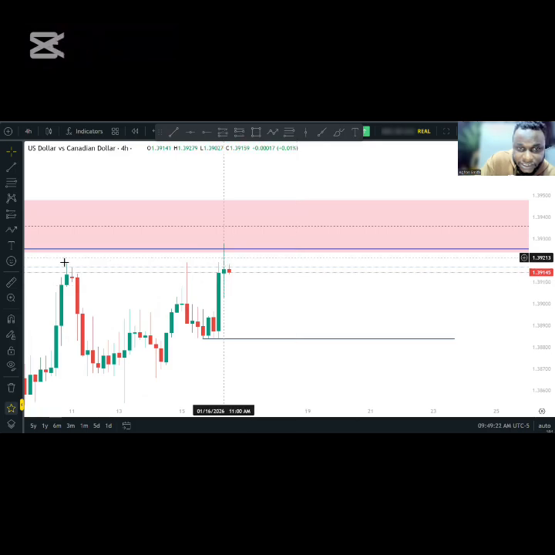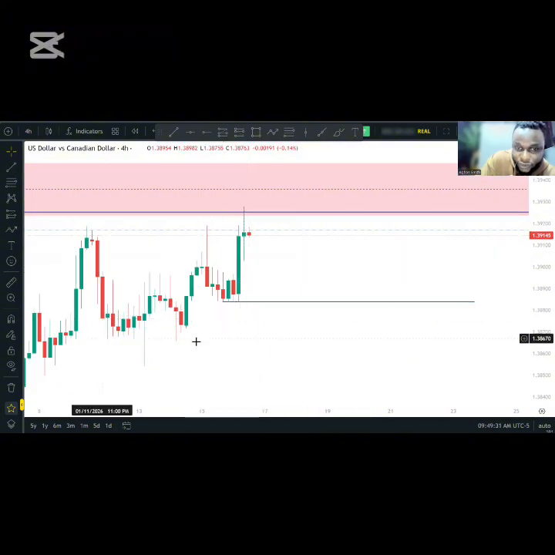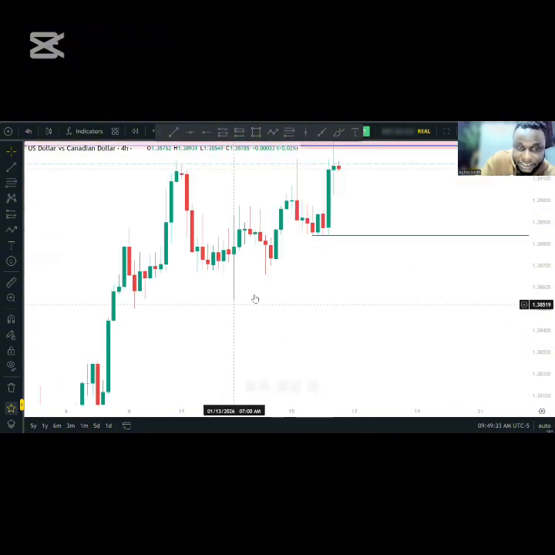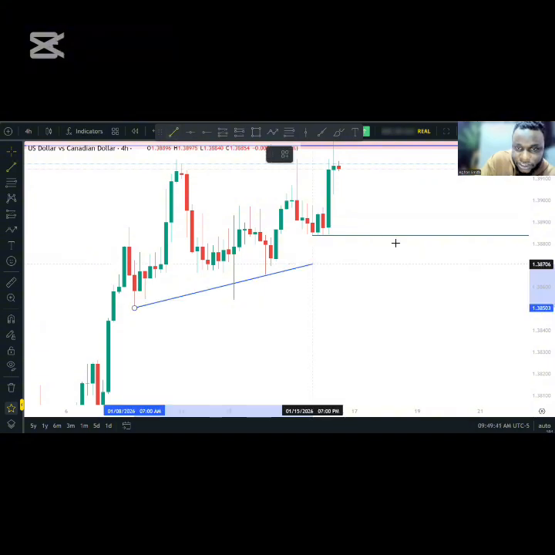This has done the sweeping of all this buy side liquidity, so we should be targeting the sell side liquidity. The closest sell side liquidity is this one before we target all these ones here and start going downward. Because all of these here are liquidity, we should be targeting all this liquidity. So we're going to target all of them.